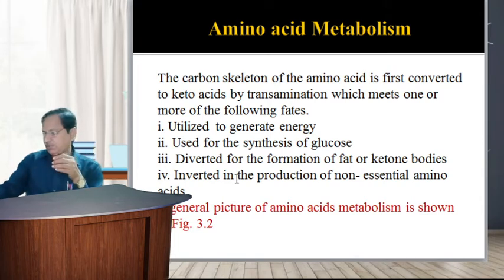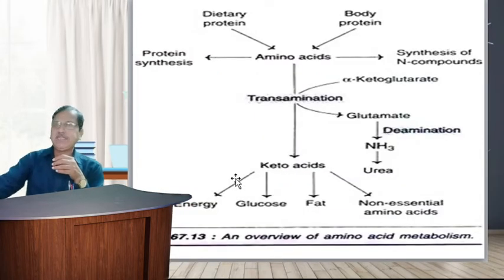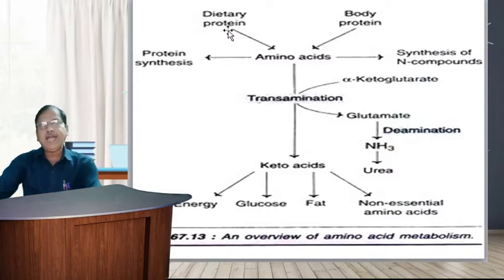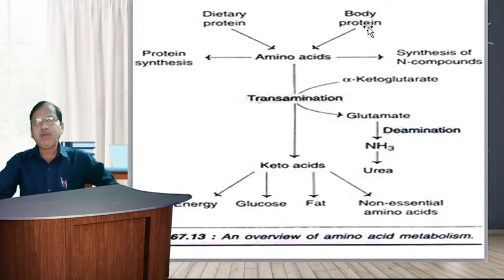This figure is a schematic representation. Dietary proteins and body proteins supply amino acids, and protein synthesis takes place. These amino acids are carried through the transamination process to form keto acids.